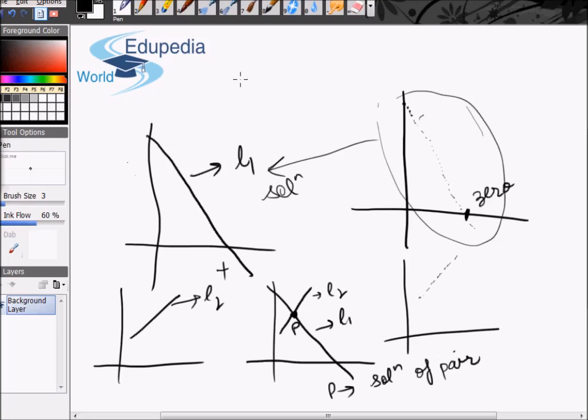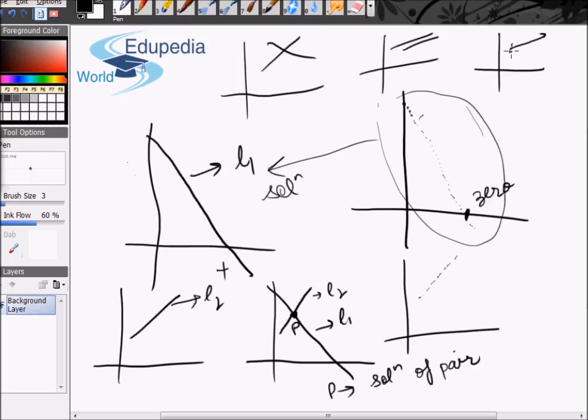Friends, we can have different types of lines: intersecting lines, a parallel pair, or a coincident pair. In this case, this particular point is the only point which is falling on both the lines.